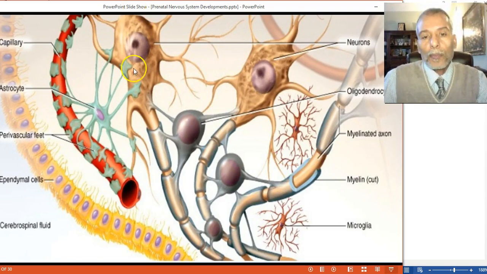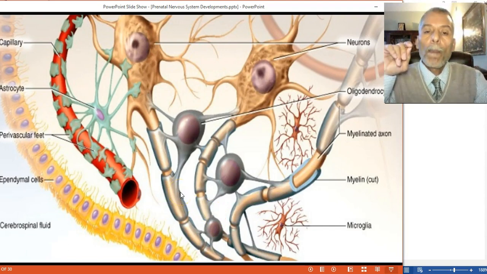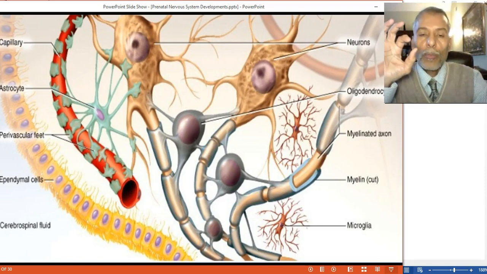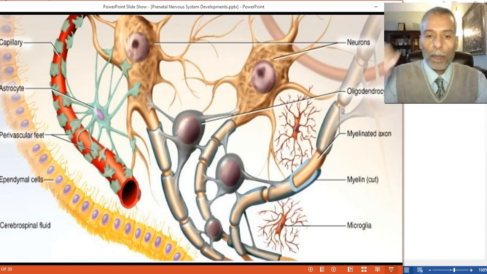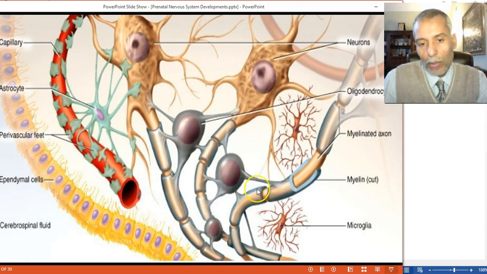Another kind, two kinds. One is called oligodendrocyte. Oligodendrocyte is named after a particular sugar molecule that is prominent in the formation of these cells. And this is the cell body of the oligodendrocyte.